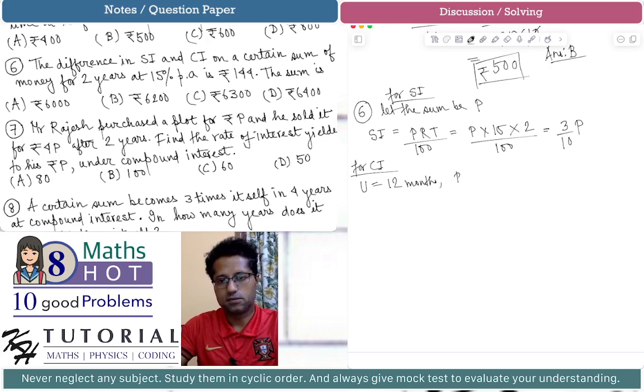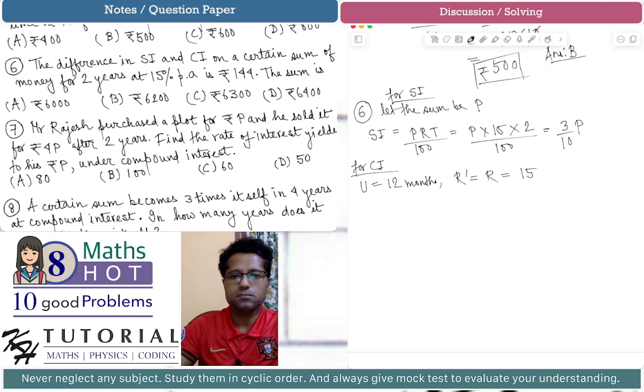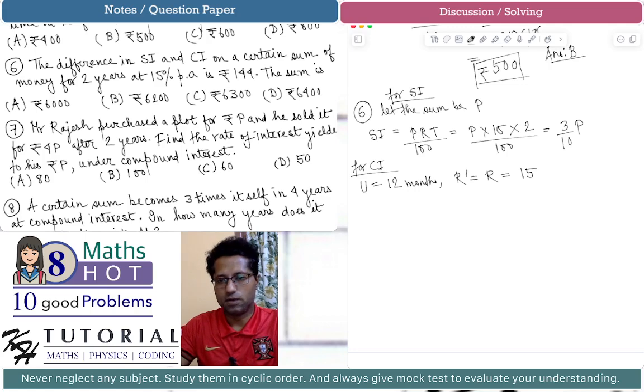Also R dash is always equal to R when it is compounded annually. So R dash is also equal to 15. And we need small n and the fraction a by b, that we will get from T, which is given to be 2 years.